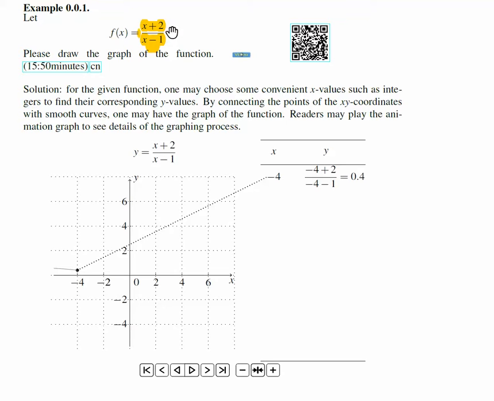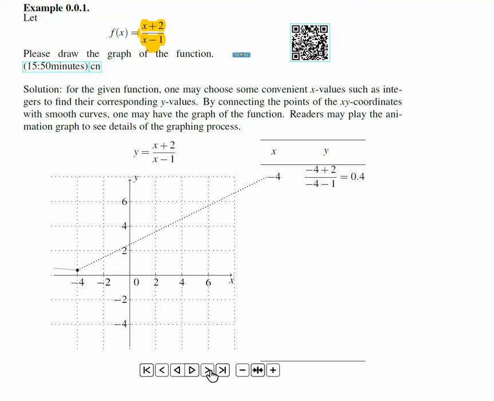Okay. Then we may start with -3, which is less than -2. We may choose -4. If we plug in -4 here, we'll get 0.4 for y. So that's how we got this point.